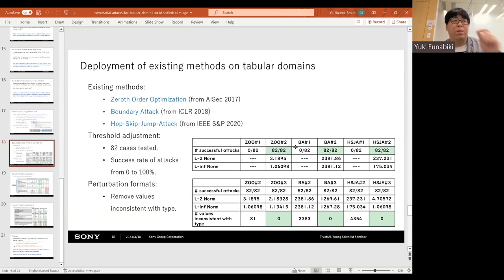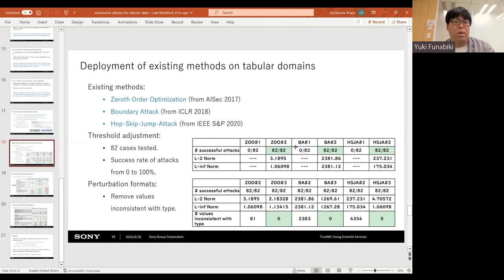The zeroth order optimization uses such confidence in its optimization. And the second, Boundary and HopSkipJump, are label-based black box attacks. It means they don't have to use such confidence information. They only use the output label, malicious or benign.